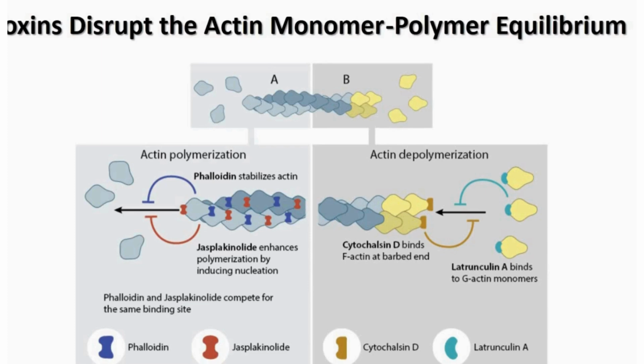Then for actin depolymerization, we have cytochalasin D, which binds to F-actin at the barbed end, and latrunculin, which binds to G-actin monomers. Both these molecules will stop the depolymerization process.